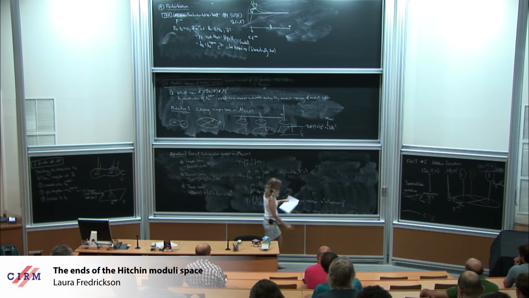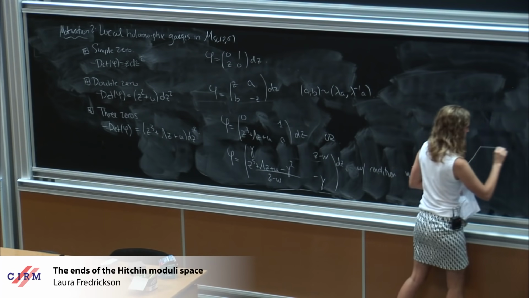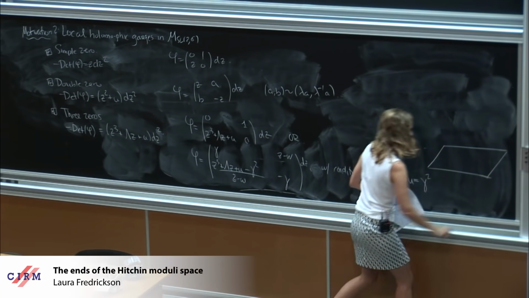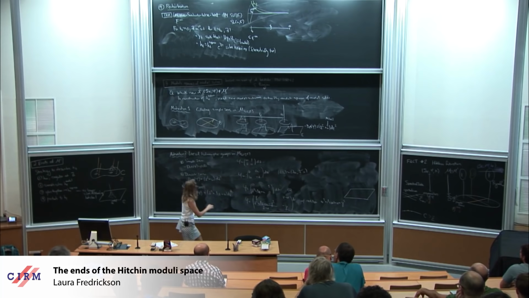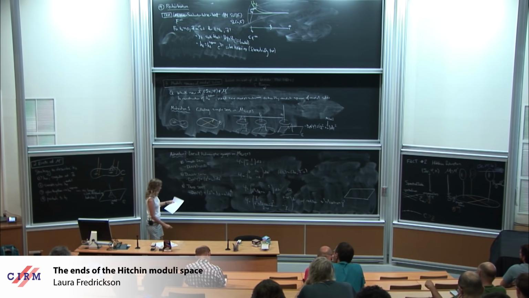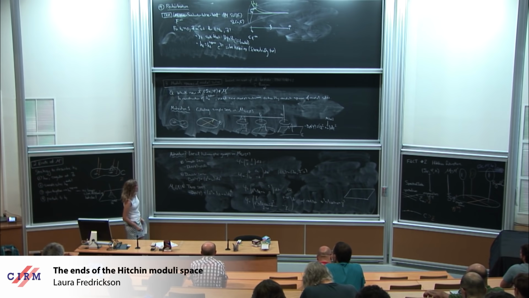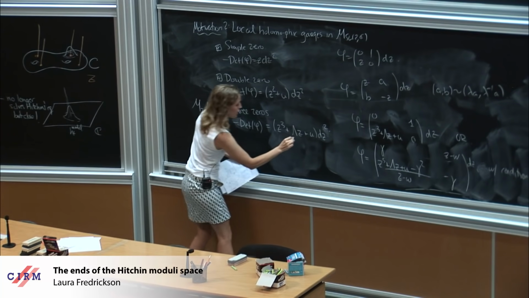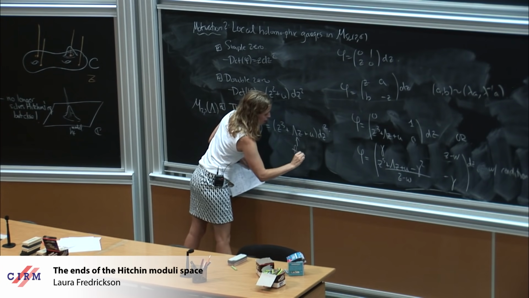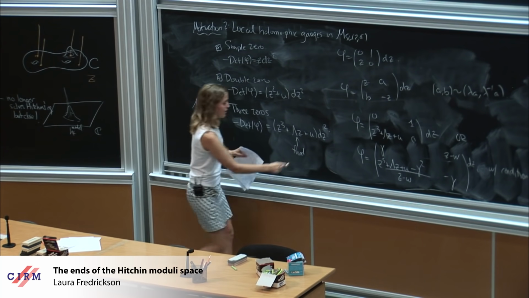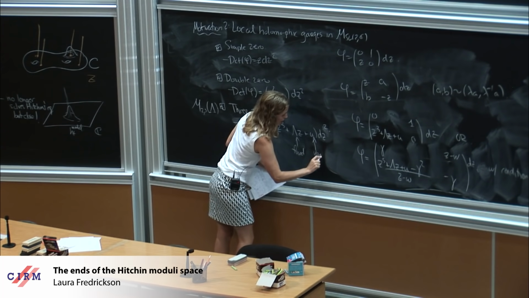And so I want to draw a picture of this. So what you see here, just looking at local holomorphic gauges, is this moduli space that I want to call the moduli space M23. So this will be a fixed piece of data for the moduli space, and this is going to be allowed to be varying.